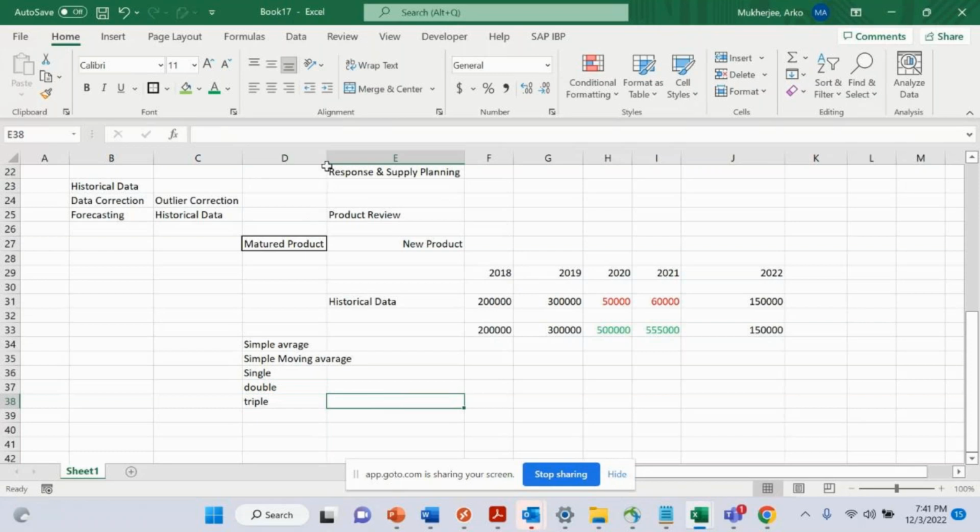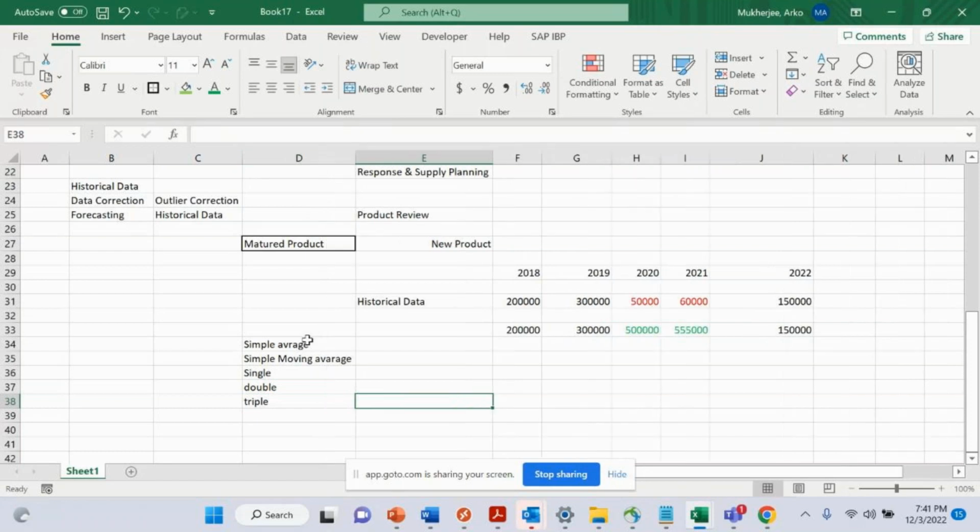So all these forecast models come with certain formulas. These are all arithmetic formulas. There is no black box here. If you apply the formulas to your historical data, the output will come based on the formula. And there are simple average, simple moving average and weighted moving average.